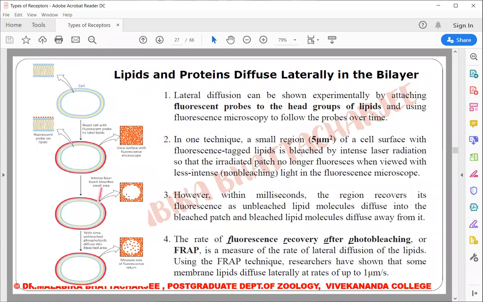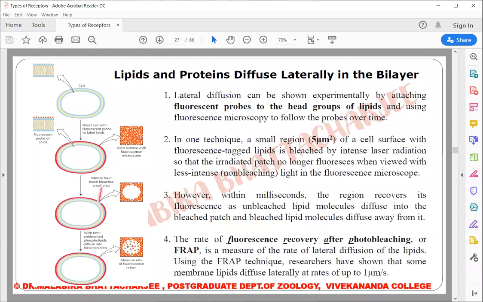Now let us imagine, if there was no movement in the lipid molecules, then this bleaching would have remained as it is. It would have been fixed at a point. But since there is movement, and now and again I have constantly said that there is movement within the lipid bilayer, lipid molecules bearing fluorescence from the adjacent areas move to these areas.